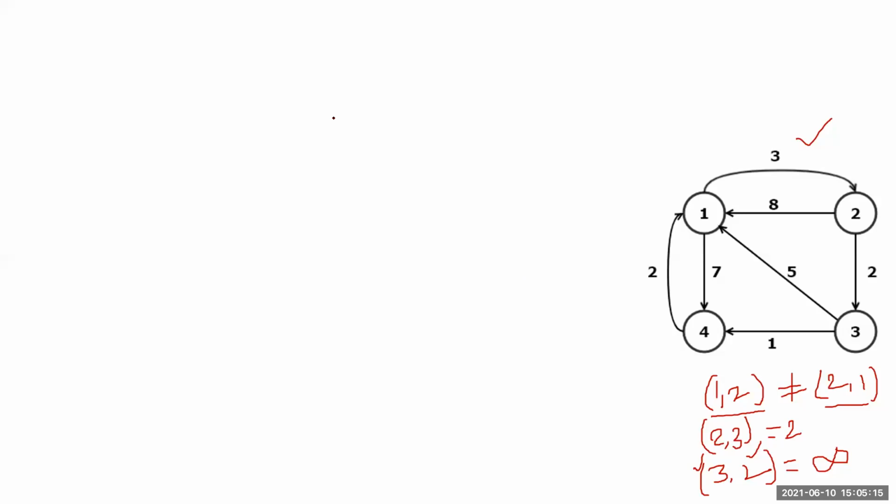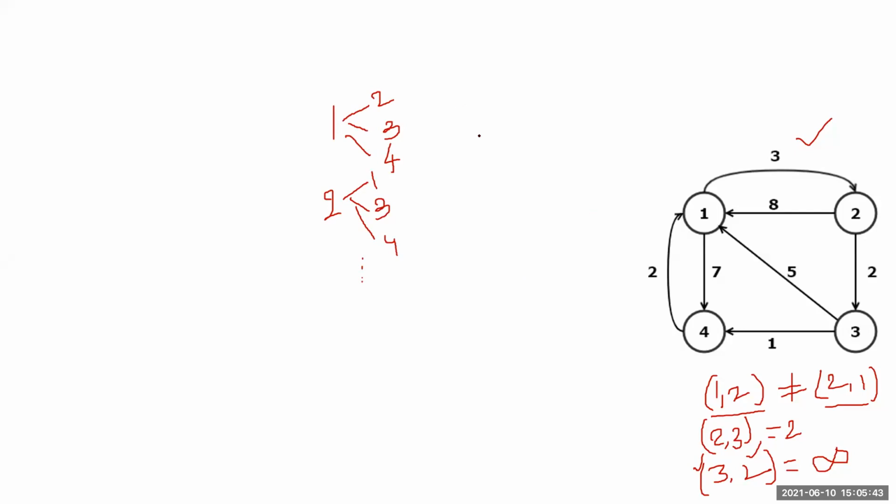You can traverse directly from 1 to 2, or 1 to 3, or 1 to 4. So you have to identify the edge costs of all these. Similarly 2 to 1, 2 to 3, 2 to 4, and so on. And you have to find how many edges there are if vertices are given.